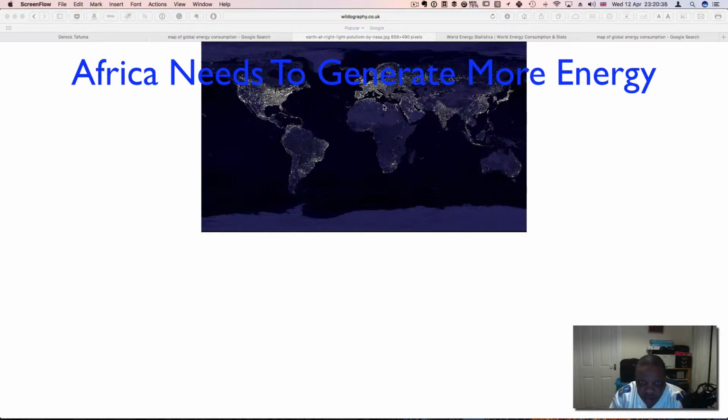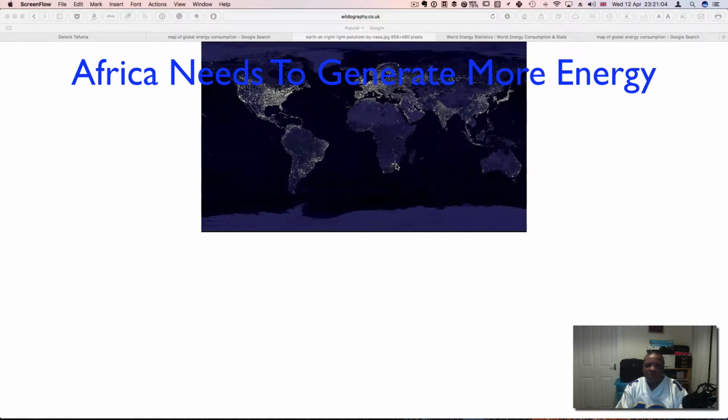There is quite a lot of light at the top there, and then you've got the coastal areas a bit lit up. Then you've got Southern Africa, I mean South Africa, and South Africa is quite lit up. It's almost comparable to some other parts of the world which are also lit up.